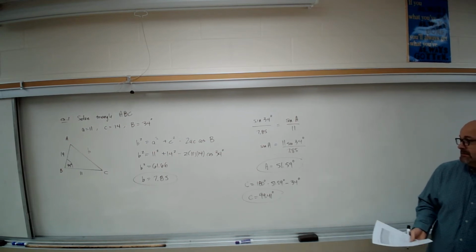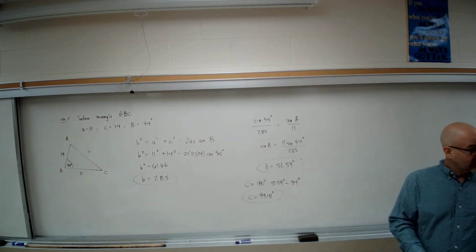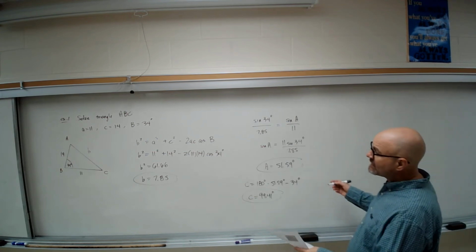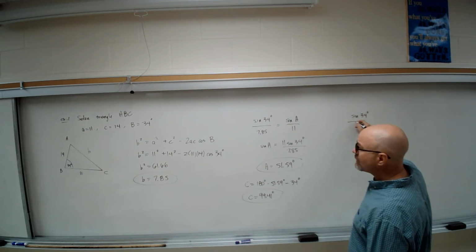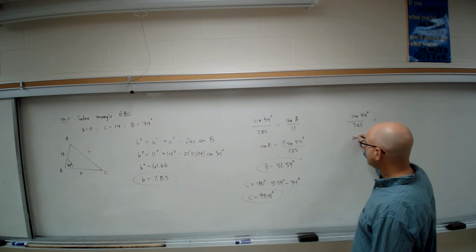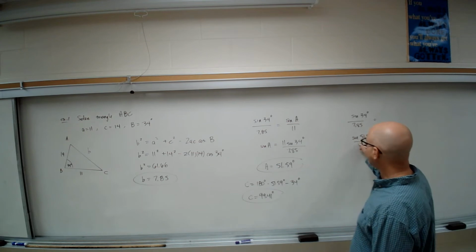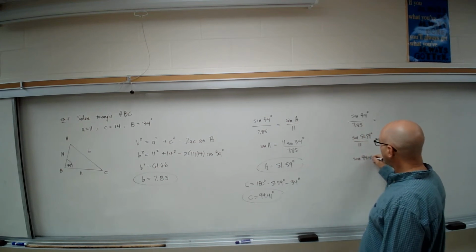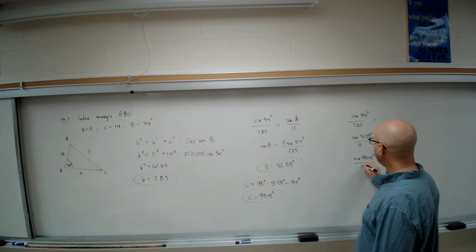Because I knew I was going to be showing you this, I went ahead and checked them. Not only did I look at the longest and shortest and all that, but a nice way to check here is to do the sine of 34 degrees over 7.85, then the sine of 51.59 degrees over 11, and then the sine of 94.41 degrees over 14.